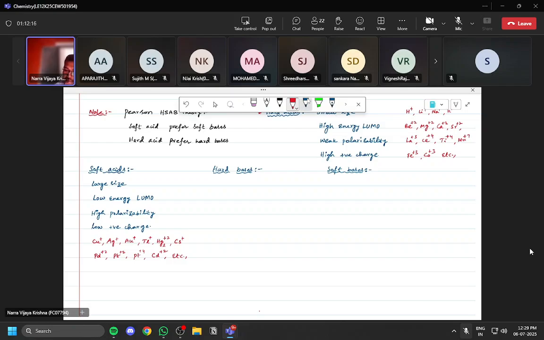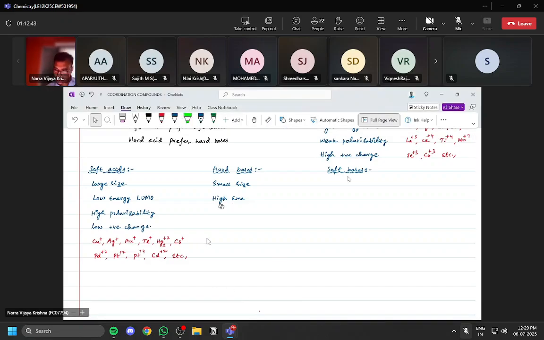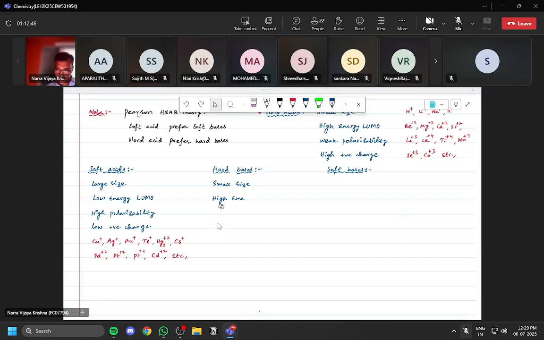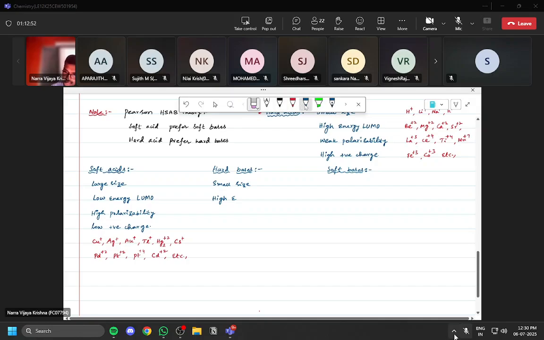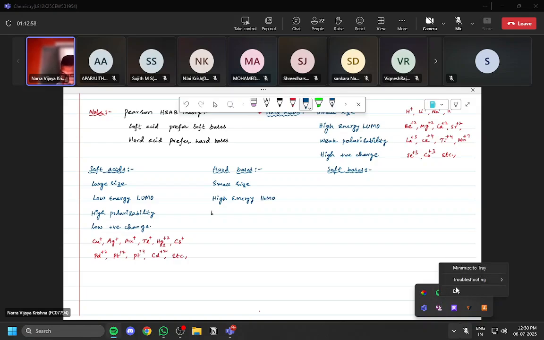Now, hard bases. Conditions for hard bases: small size anion, high energy HOMO, and weak polarizability.